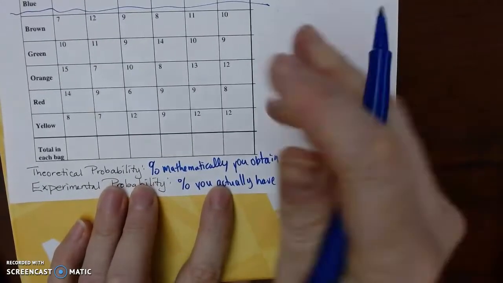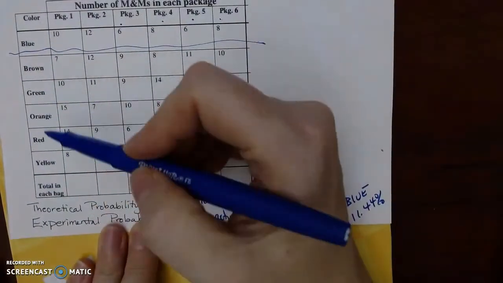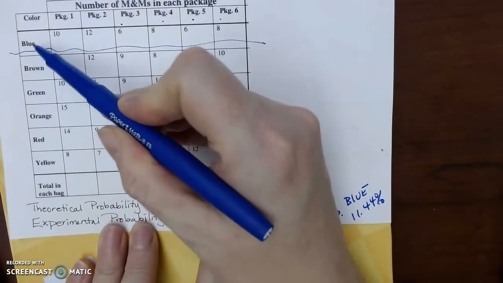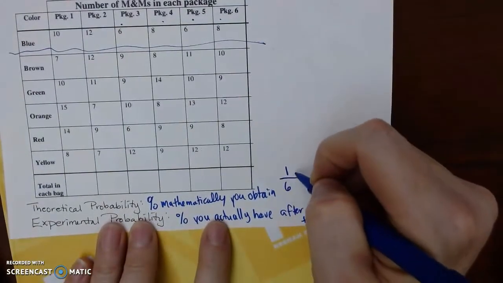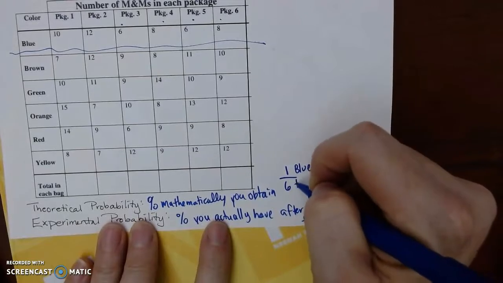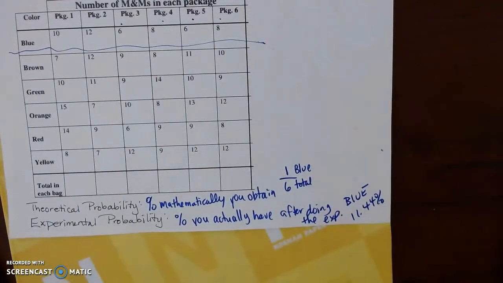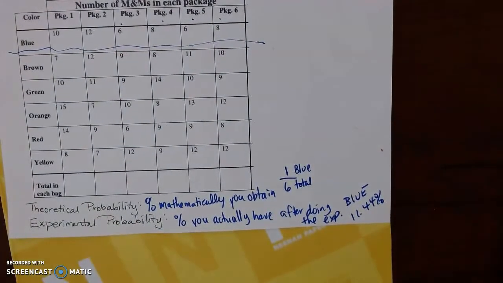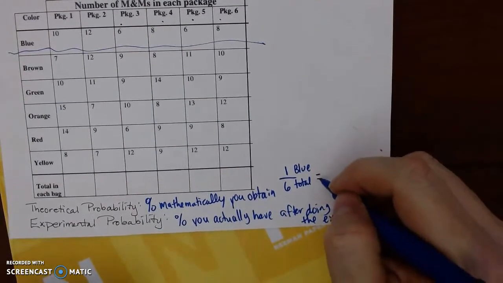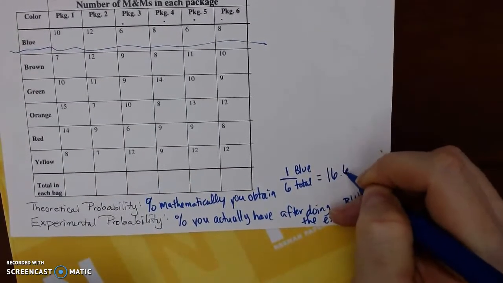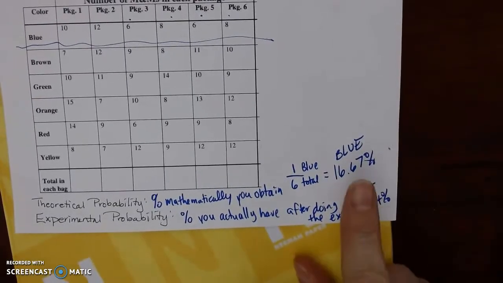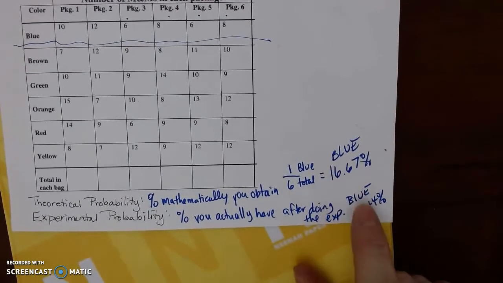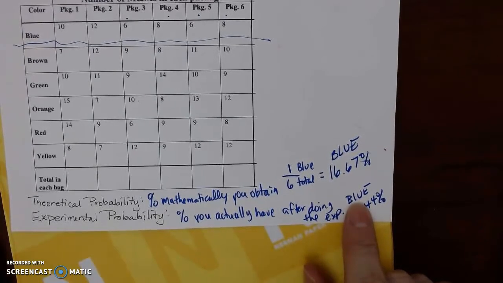Without even seeing all of these numbers, in theory, if there are 1, 2, 3, 4, 5, 6 colors, blue is only one of them out of 6 total options. So we've got 1 divided by 6 times 100. In theory, we should have had 16.67% blue. So that's theory, mathematically, and then this is what really happened, okay? And that's experimental.